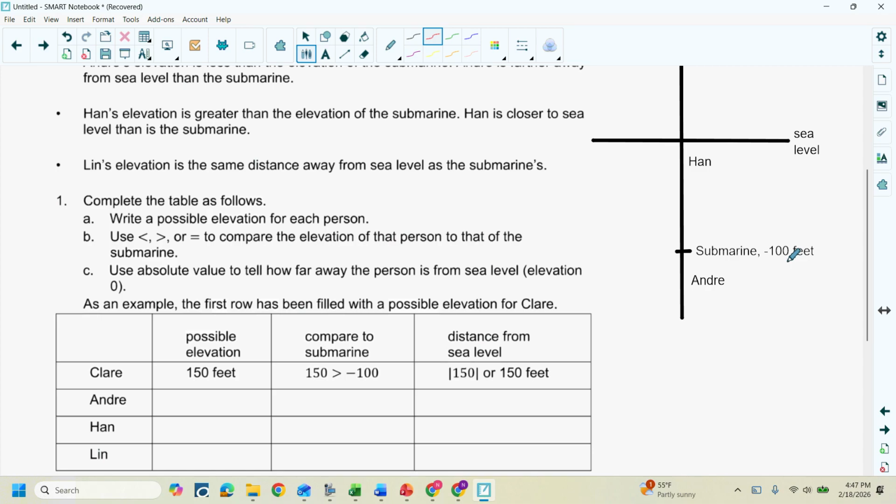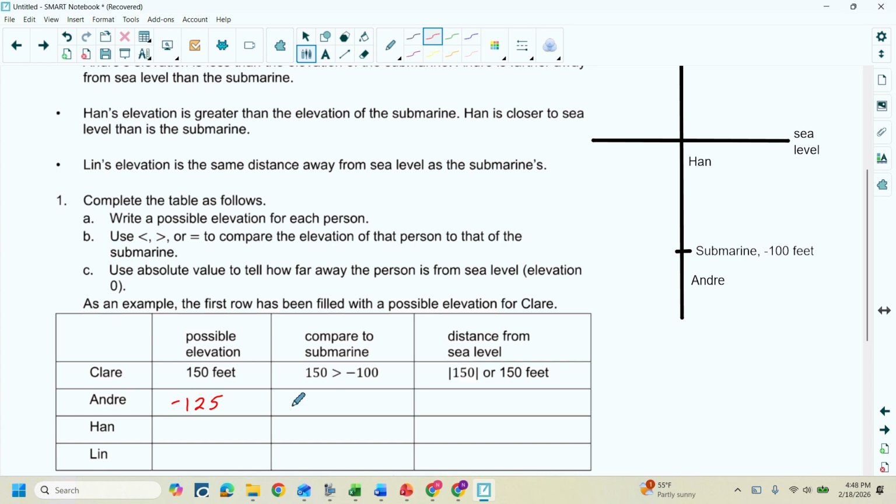Well, smaller than negative 100 would be negative 125, negative 150, negative 101.